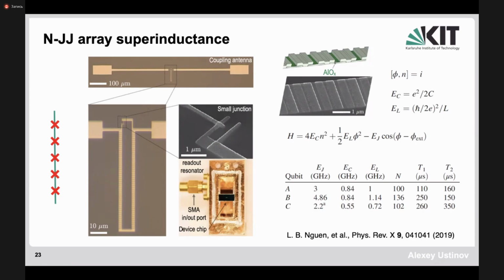The coherence times were of the order of several hundreds of microseconds, both T1 and T2. The transition frequencies at the favored point, where the flux applied to this loop was exactly half of a flux quantum, were very low. And this is one of the advantages of the fluxonium.